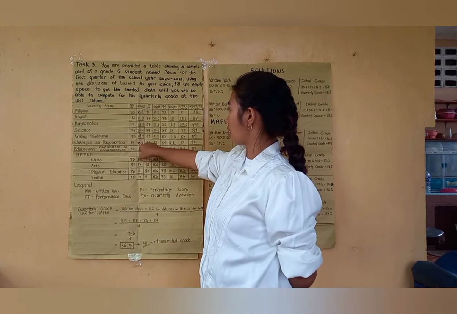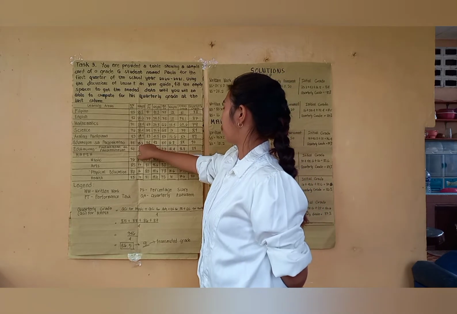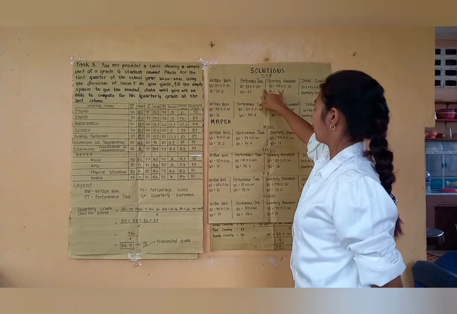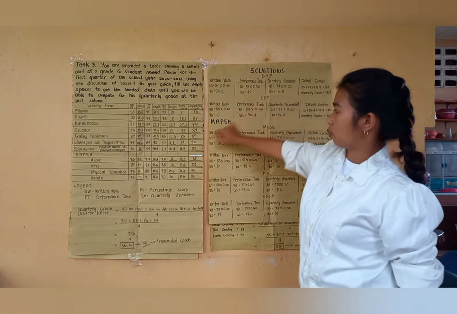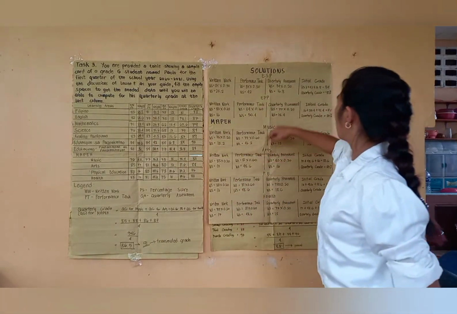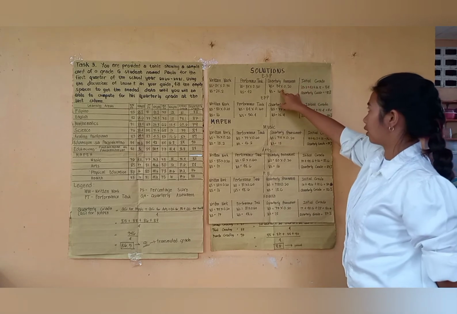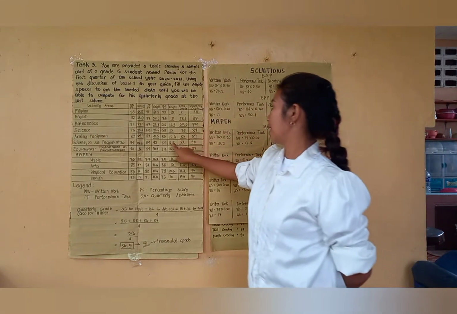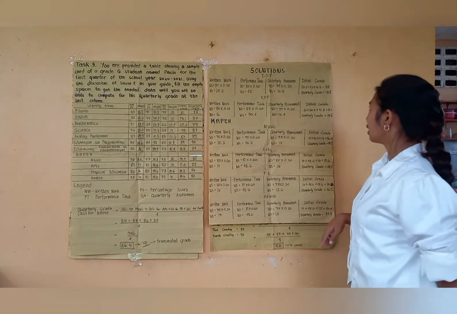The weighted score is 25.2. And performance task, 84 times 0.50 equals 42. Quarterly assessment, 84 times 0.20 is 16.8.